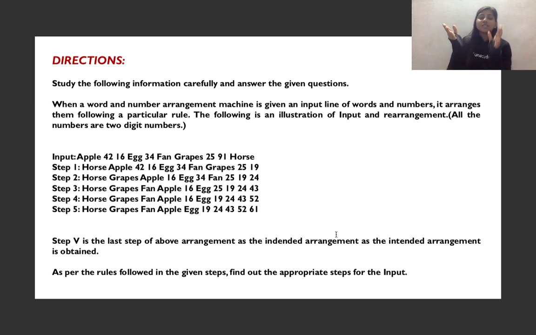Later it goes horse, grapes, fan, apple, egg. And on this side 19 shifts inside, 24 comes in, then 43, 52, 61, and then 19 will come to the center. 19 is arranged first and then it goes on shifting, and on this side horse is arranged first and then grapes, fan, apple, egg keep coming in.